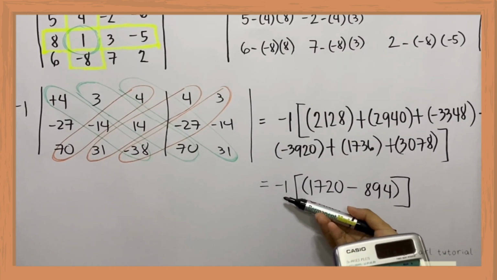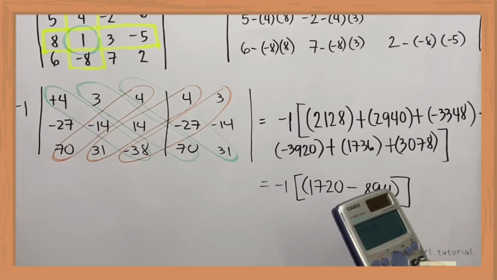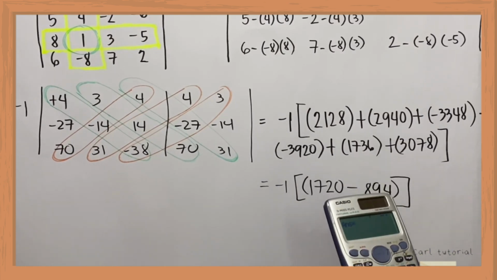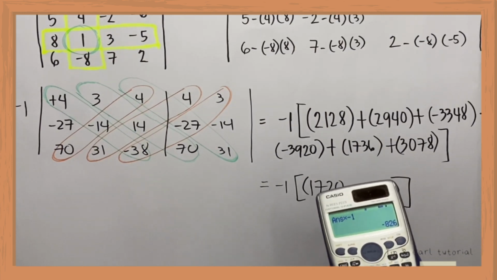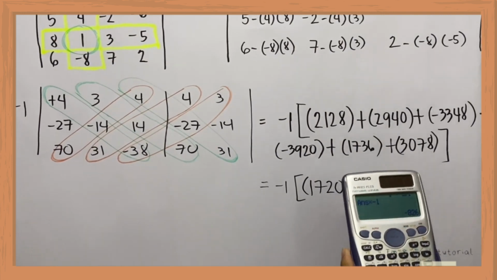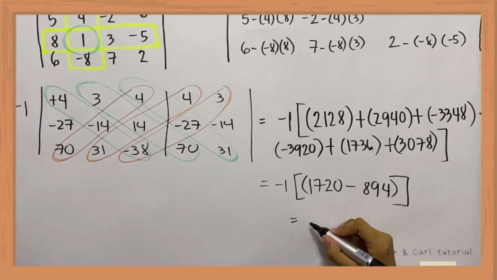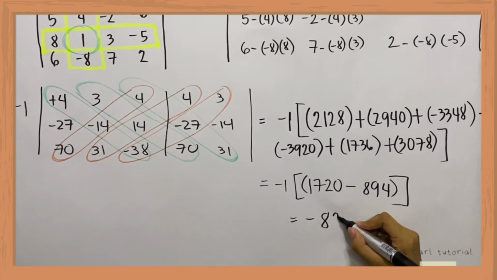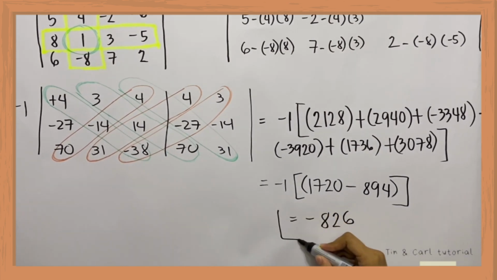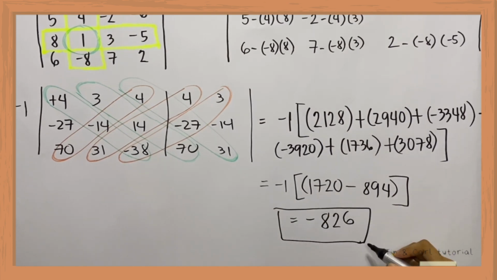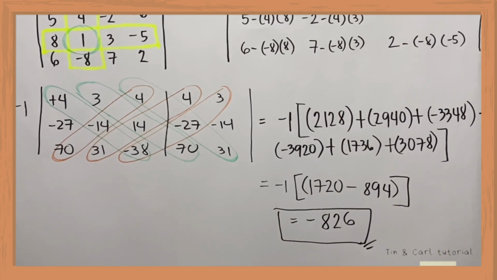So, huwag natin kalimutan na negative. So, 826 times negative 1 is equals to negative 826. So, our final answer for this matrix K, the determinant is negative 826. Thank you!